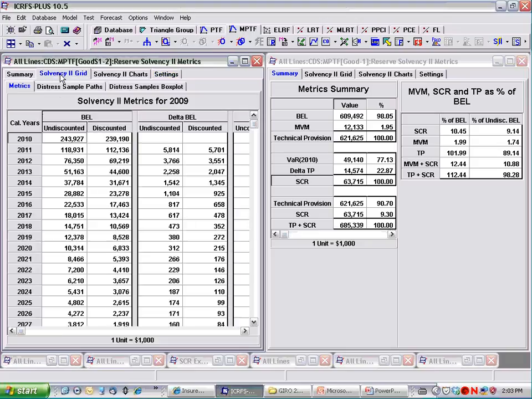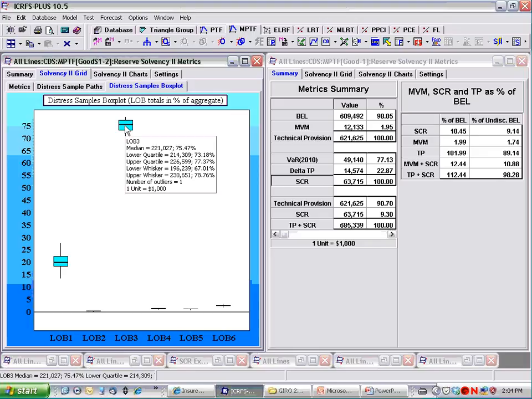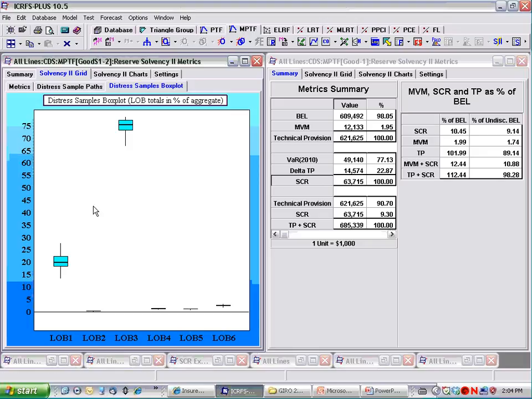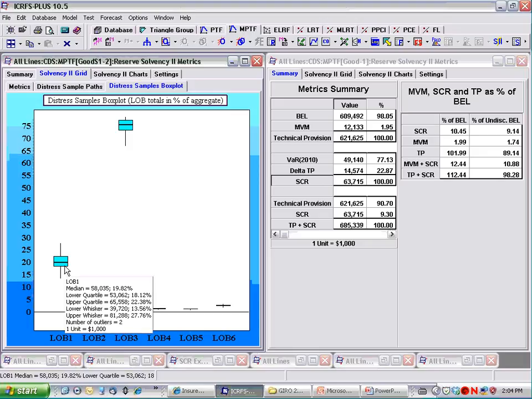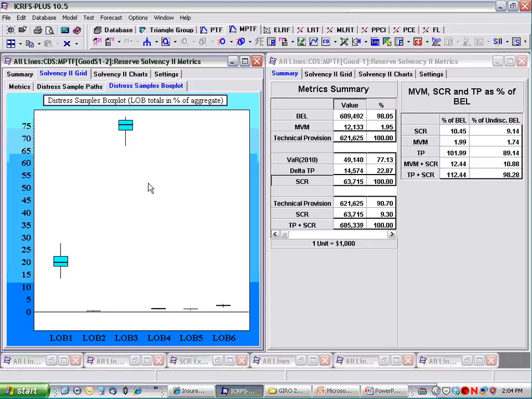And the main driver of the losses, which we'll see in a subsequent video, video 5.6, when we discuss distress samples, the big losses are coming from LOB3. That's really the largest loss. And then we've got LOB1 that, in terms of the value of the losses, is 20%, whereas LOB3, in terms of the value of the losses, is over 75%.